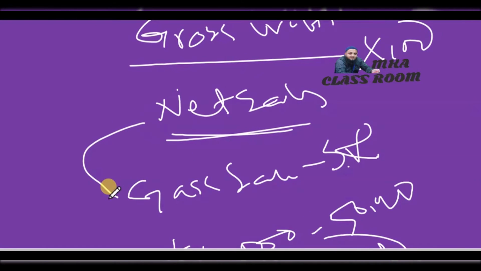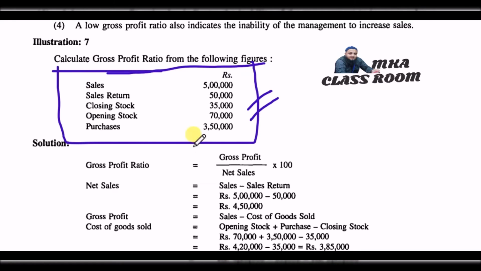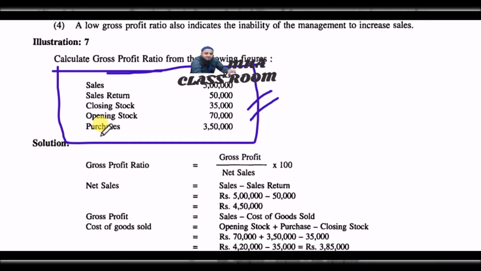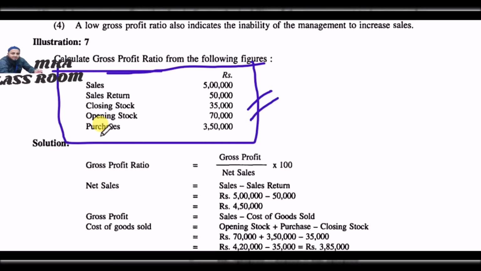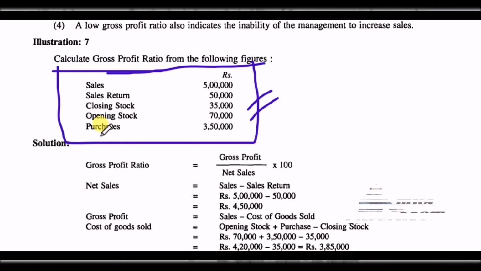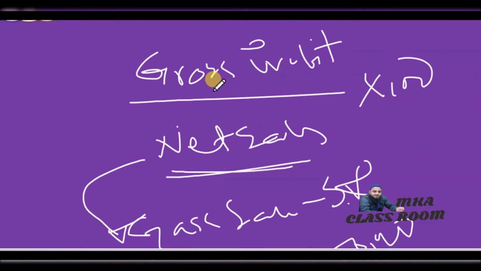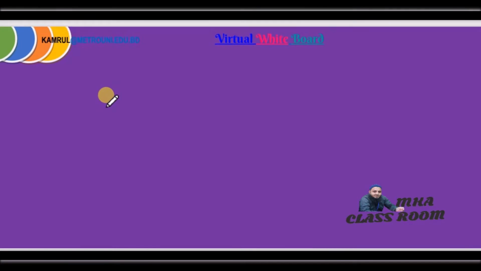We found our net sales, then we need gross profit, but here the data has no gross profit, so you have to find out the gross profit. How can you find the gross profit?